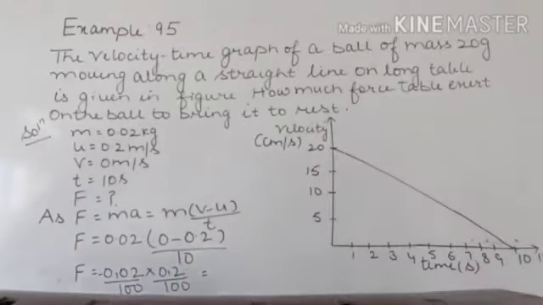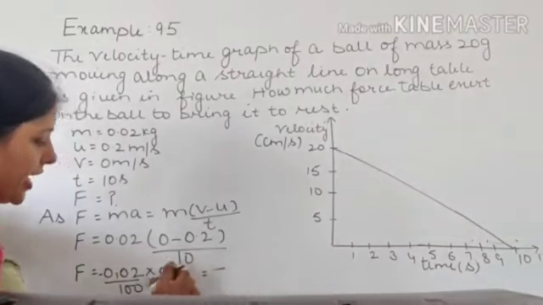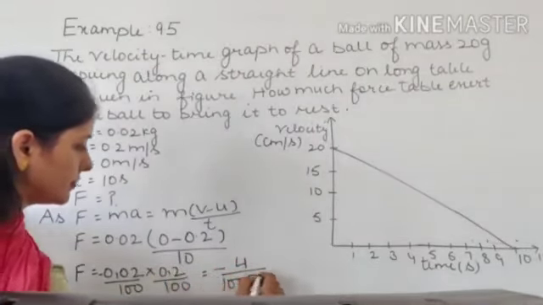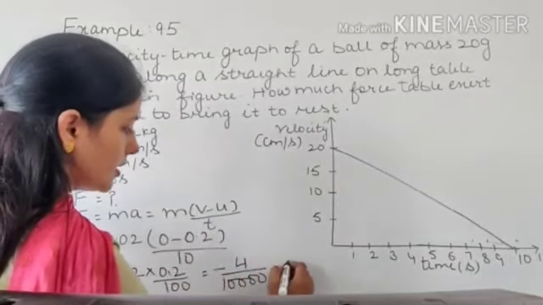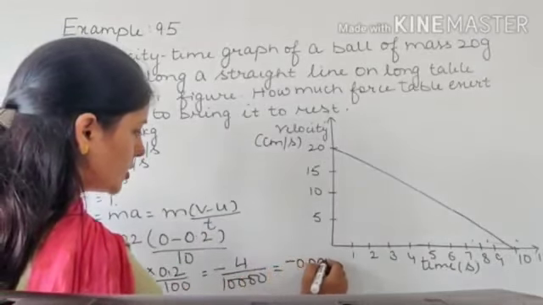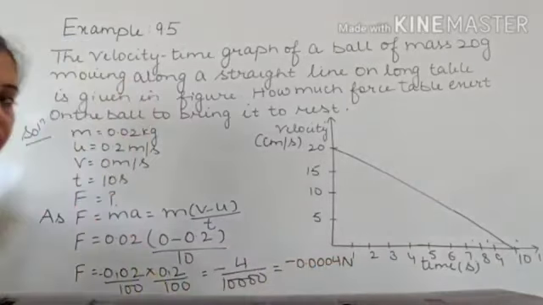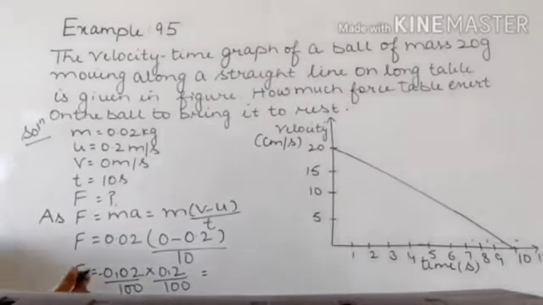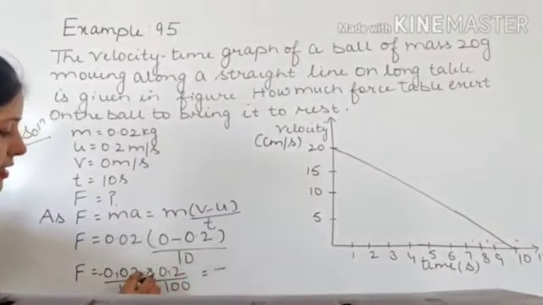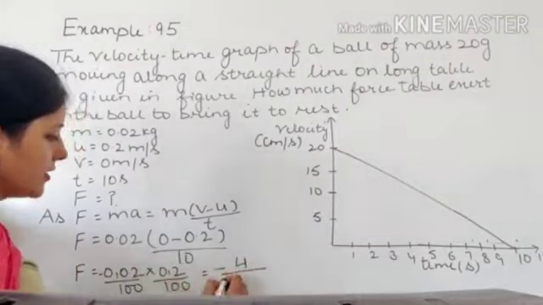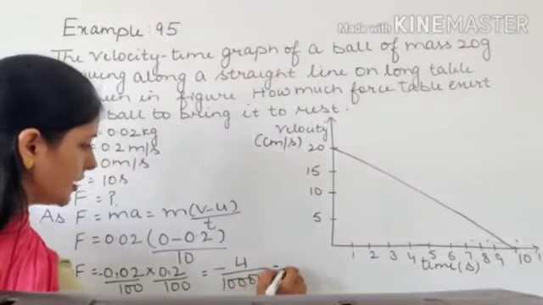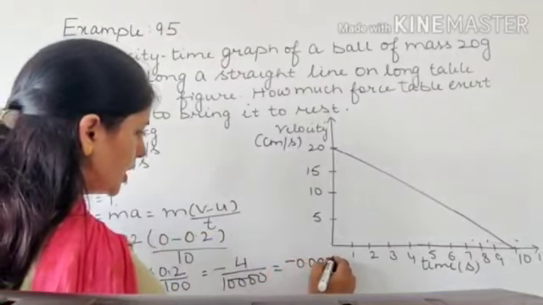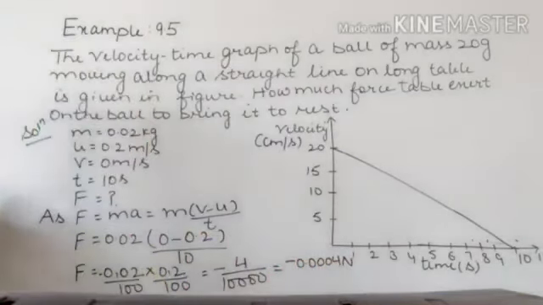We get 4 divided by 4 zeros, that is equal to minus 0.0004 Newton. This is the force.